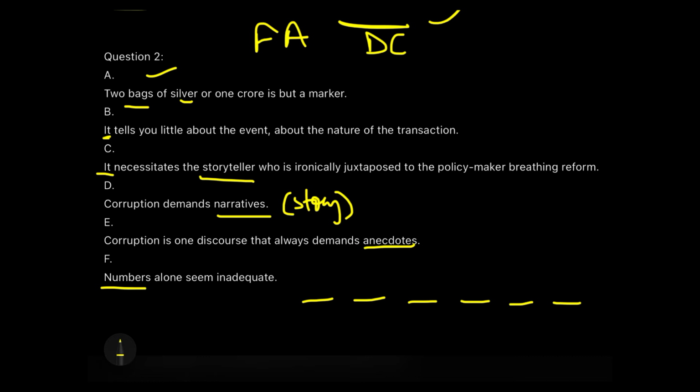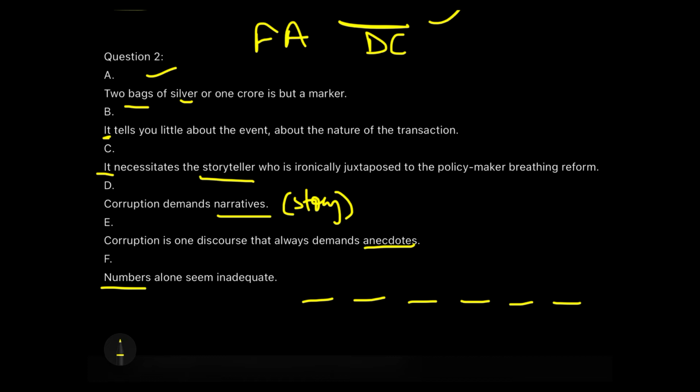But this can be a very essential thing here. If you read sentence C, you realize that the author is actually trying to sum up the entire passage about corruption in a line, stating that since it requires narratives, it necessitates the storyteller who is ironically juxtaposed to the policy maker breathing reform. It's actually summing up the entire idea that corruption is little about the event but more about the nature of the transaction.